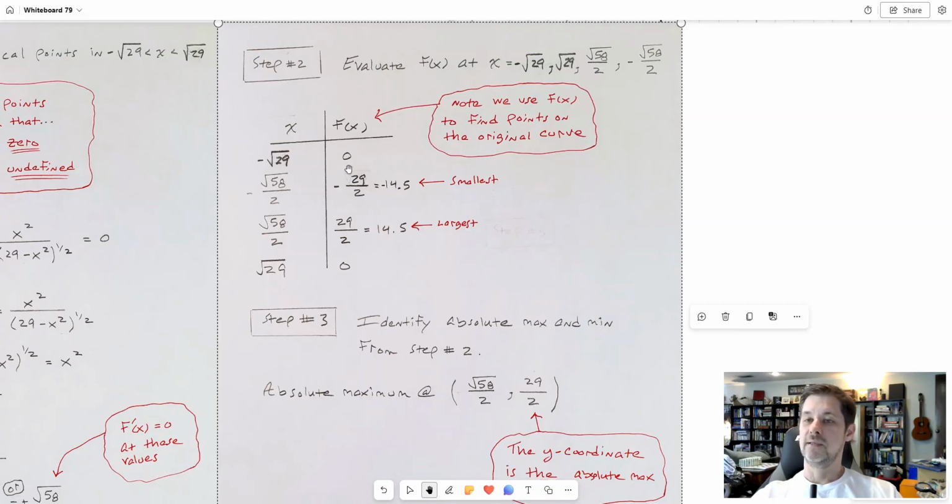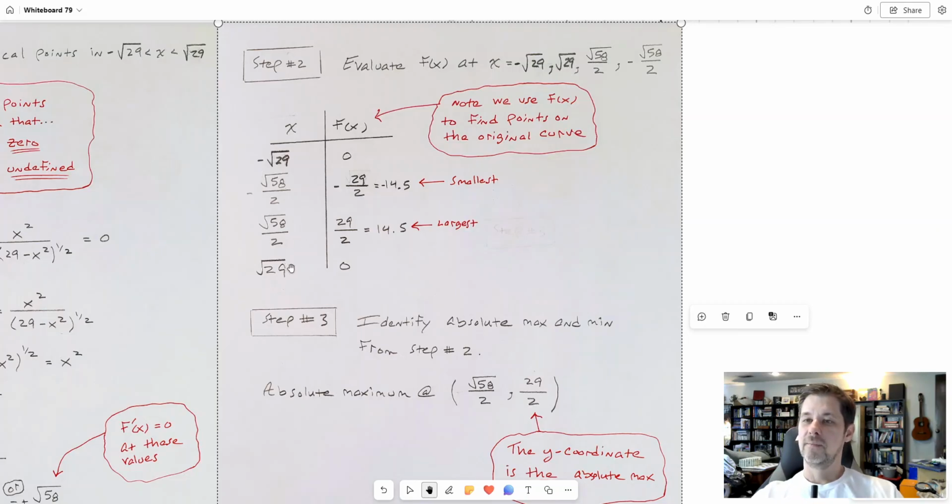You'll get 0 if you put negative root 29 into the function. You'll get negative 29 over 2, or negative 14.5, for negative root 58 over 2. You get 29 over 2, or positive 14.5, for root 58 over 2. And you'll get 0 for root 29. That's the left endpoint of my original interval, the right endpoint, and the critical numbers.